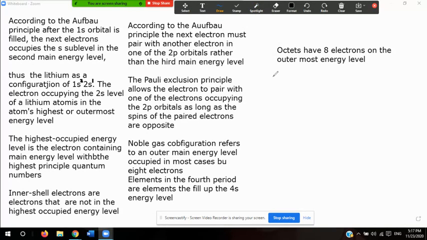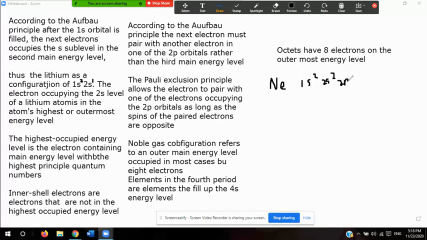So if we look at neon, which is a noble gas, it has an electron configuration of 1s2, 2s2, which would be 4, and 2p6, which is actually 10 electrons. So neon has 10 electrons.